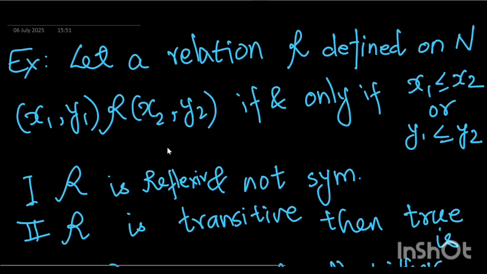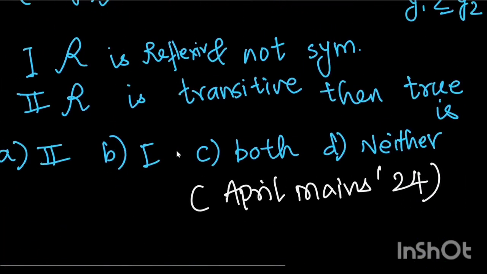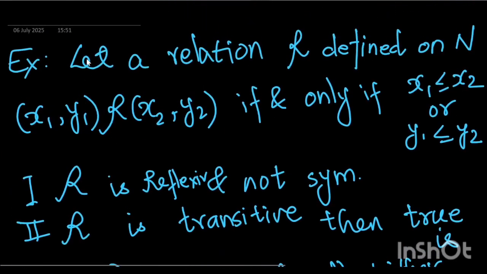Let's see an example from Mains 2024. Let a relation R be defined on N, the natural numbers, by (x1, y1) R (x2, y2) if and only if x1 is less than or equal to x2 or y1 is less than or equal to y2.